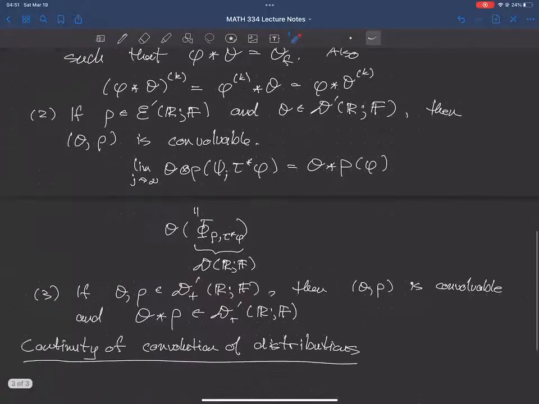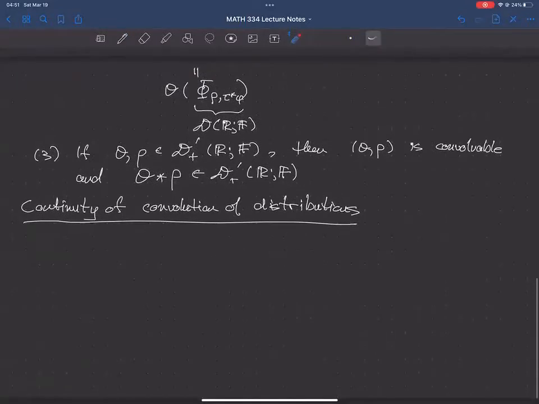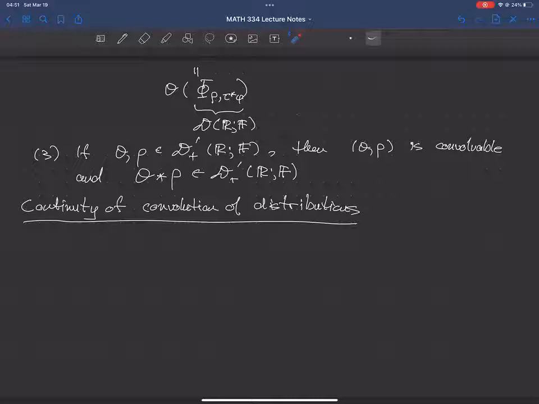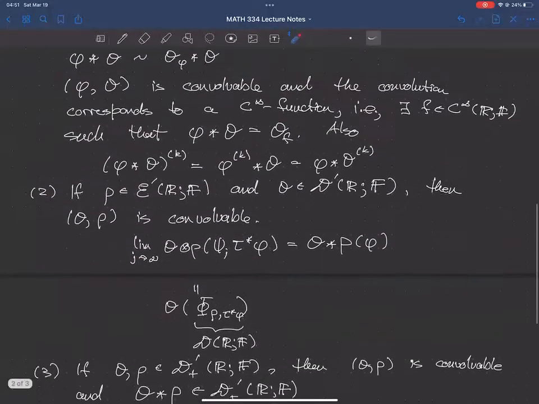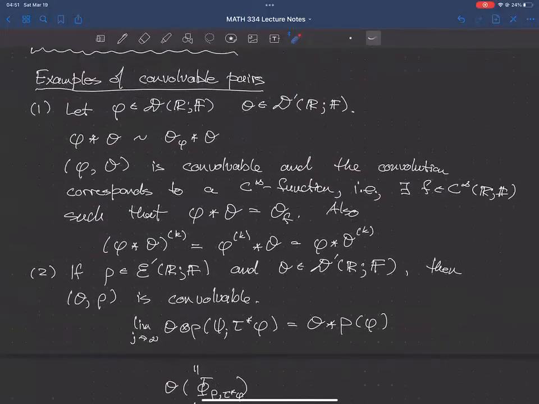Okay, in convolution of distributions, you generally don't have continuity of that bilinear mapping, and that's because the spaces of distributions have topologies that you have to be more careful with than you do with the kinds of norms and semi-norms that we were talking about with convolutions of functions. Okay, but what you do have is continuity in each variable with the other one fixed.